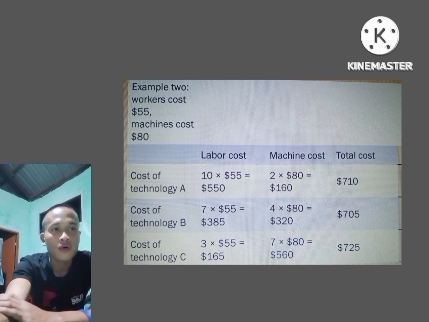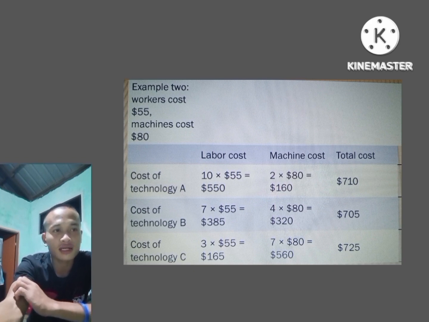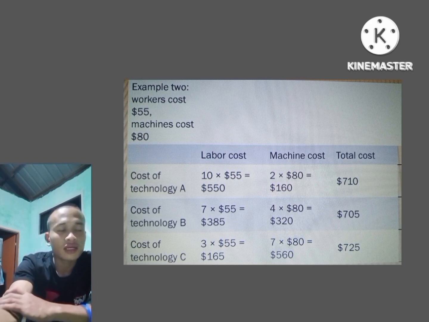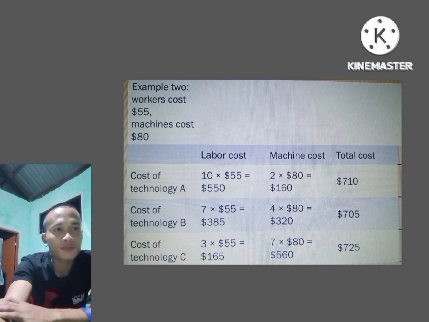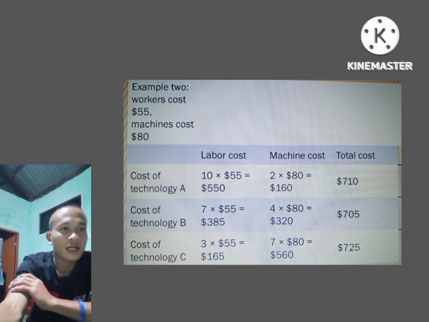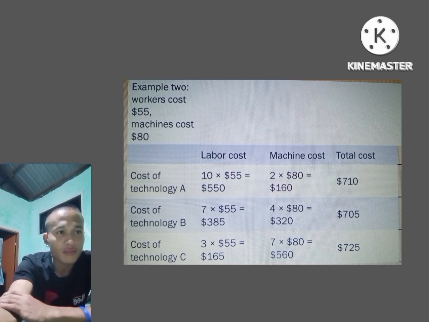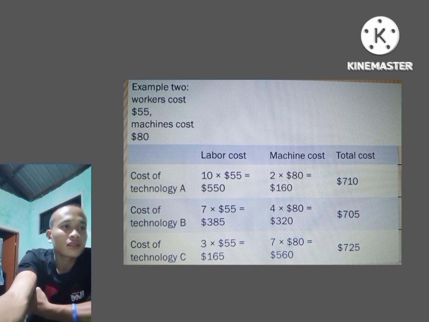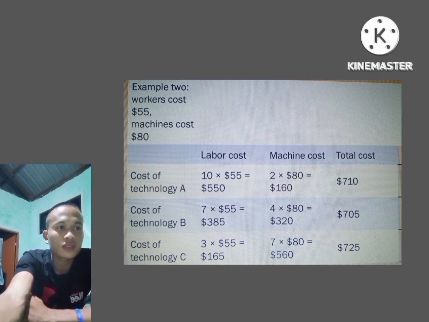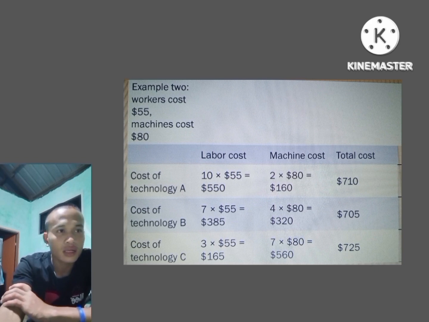This is another example. Example number 2: worker cost is $55 and machine cost is $80. For the cost of technology A, the labor cost is 10 workers times $55 equals $550, and the machine cost is 2 machines times $80 equals $160.